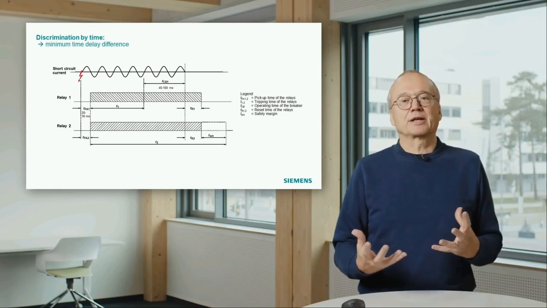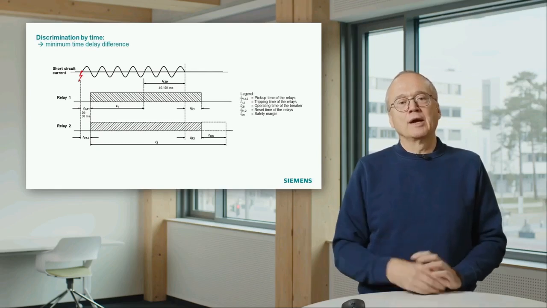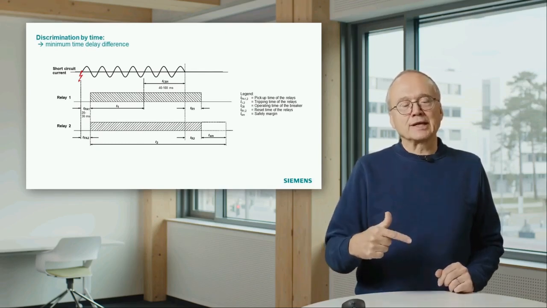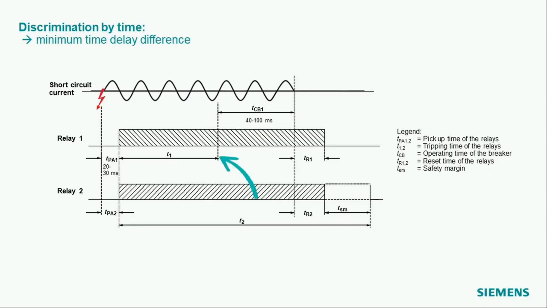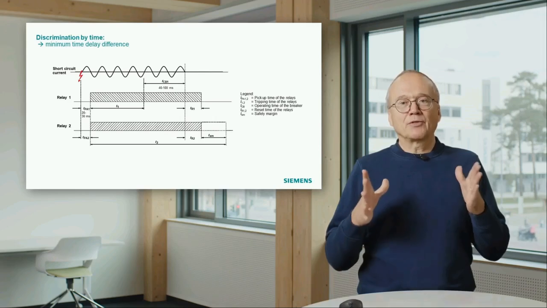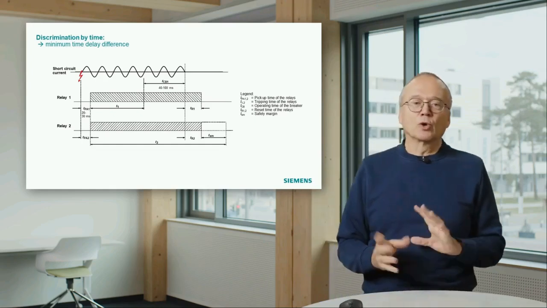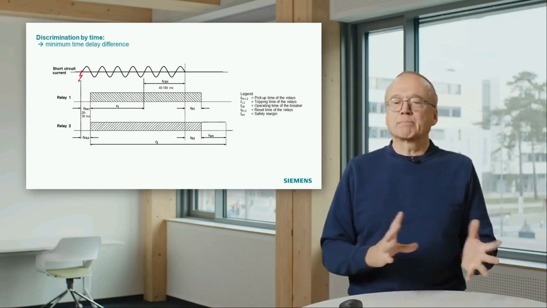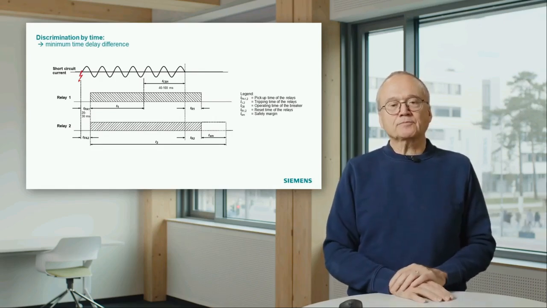The circuit breaker needs some time to open because mechanical things have to move, and finally the short circuit current can only be interrupted at the 0 crossing. That means from the point where the timer has elapsed to the point where the current is really gone, we have some time. And that time depends on the breaker, and that is unfortunately a time which is not very well known. It depends on the maintenance state of the breaker and the type of the breaker and so on.